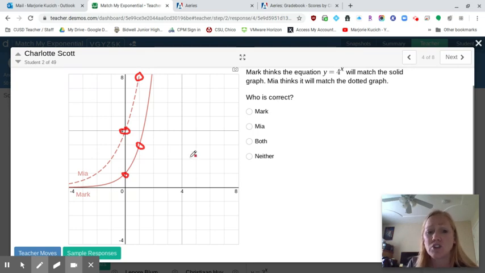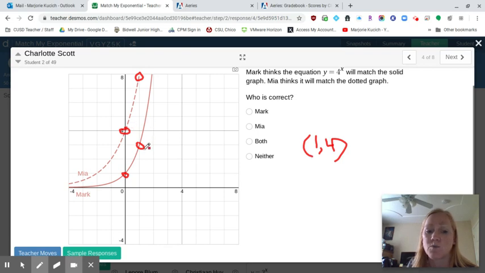What you should notice is that no, Mia cannot be right, because Mia has that the multiplier is 4, not that the y-intercept is 4. A lot of you realized that the y-intercept needs to be 0, 1, and so you said Mark was right because that's the y-intercept. But if we plugged 1 into this equation, Mark's point at 1 would be 1, 4, and 1, 4 is not on this graph.